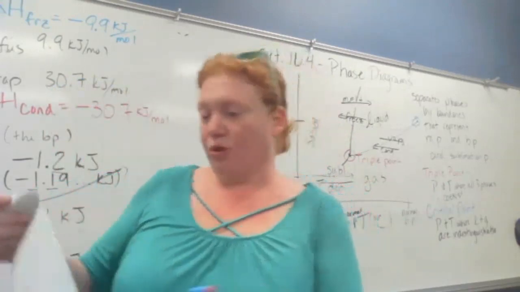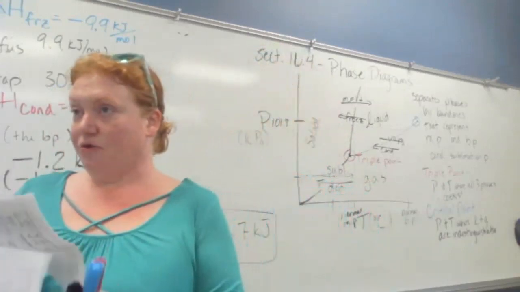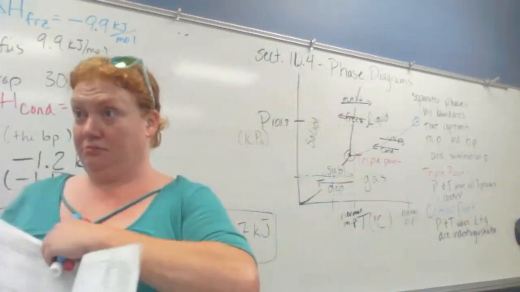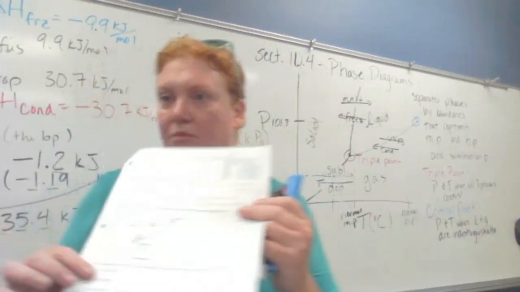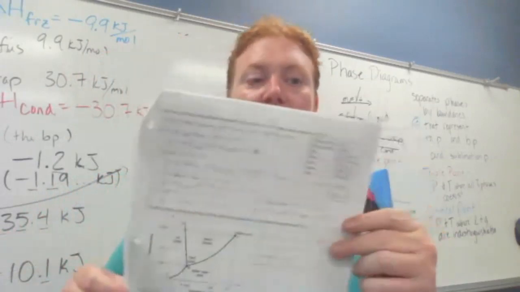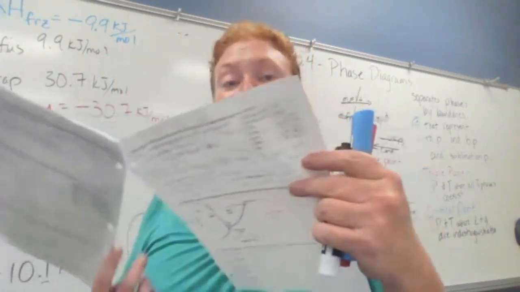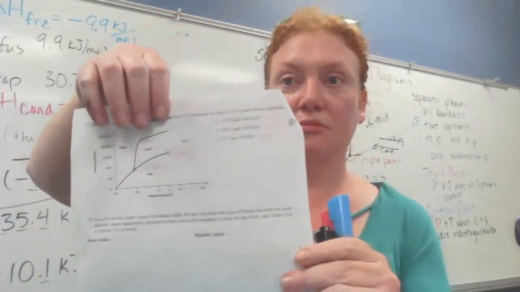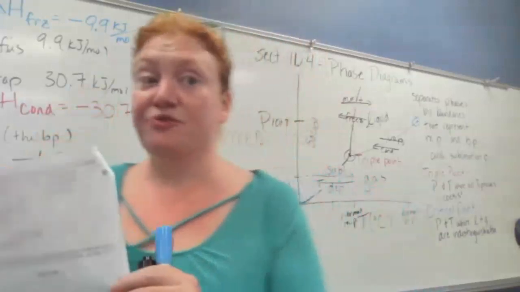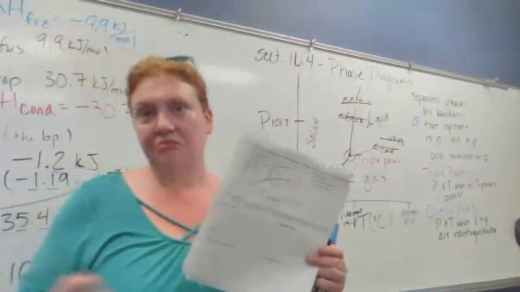On number 12 on your in-class, I gave you the phase diagram for water, right? And if you flip your page over, on number 13, I gave you the phase diagram for CO2. Oh, okay. It's different for different compounds.